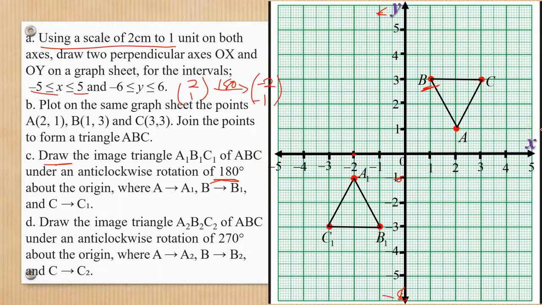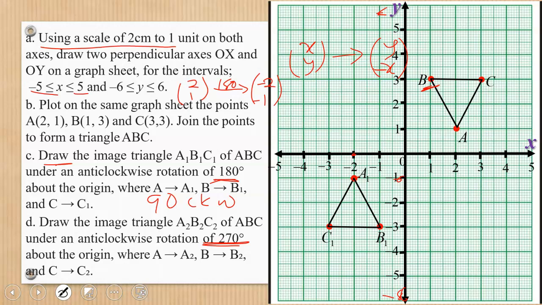Then we have to draw the image A2, B2, C2 of ABC under clockwise rotation of 270 degrees. And here 270 degrees is the same as doing 90 degrees clockwise. If the original is (x, y), our image under clockwise rotation becomes (y, -x).